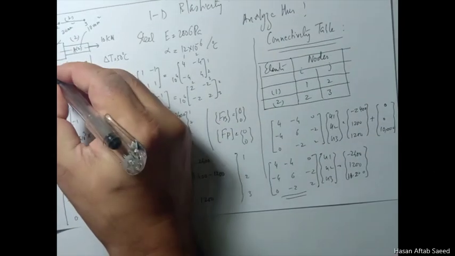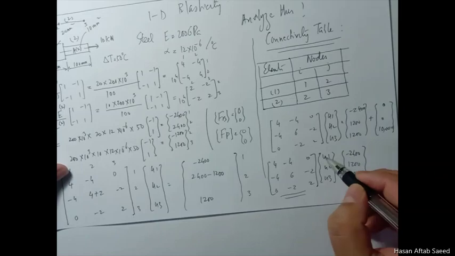So the boundary condition is very simple. There is one node which is fixed, u1, so we know that u1 is equal to 0.